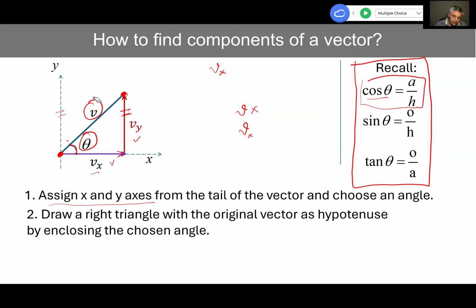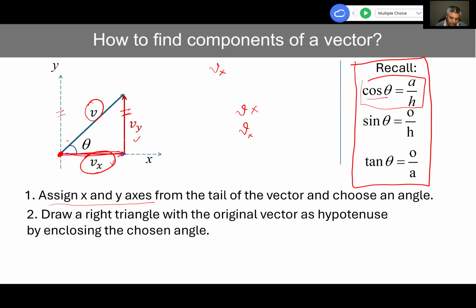Okay, so now let's say we want to find this x component, which means we want to find this side length of this triangle. We know the hypotenuse by drawing.